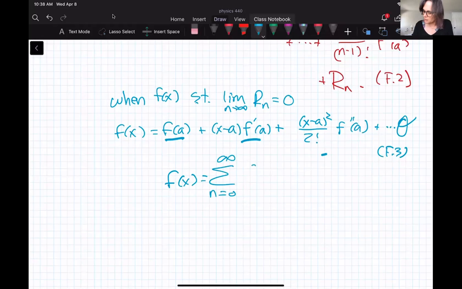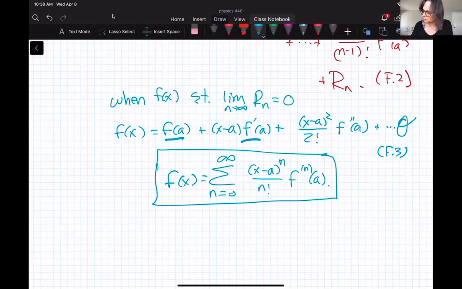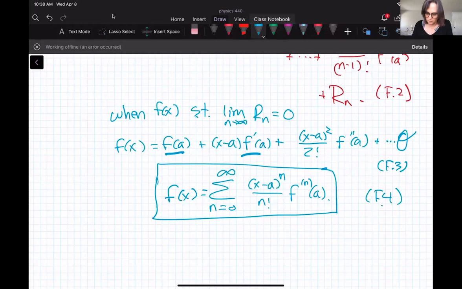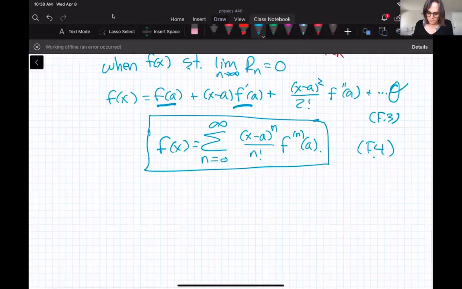So this is (x minus a) to the n over n factorial times the nth derivative evaluated at a. So this is our Taylor expansion about x equals a.